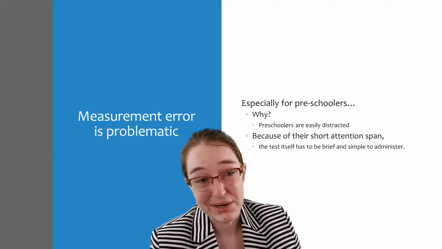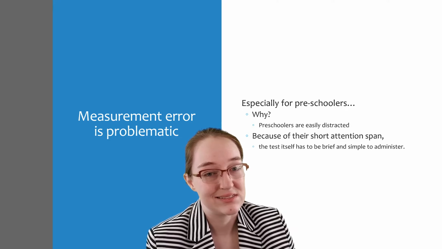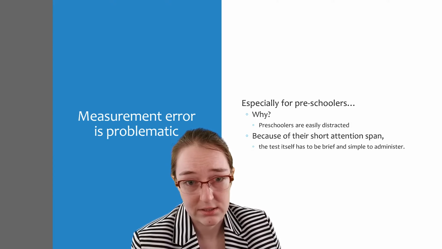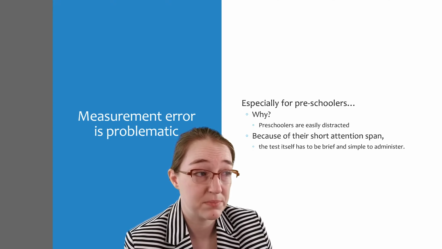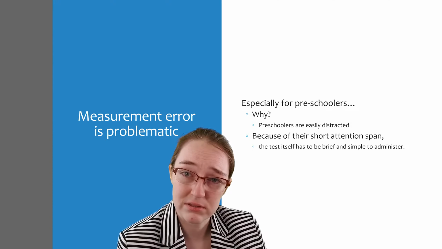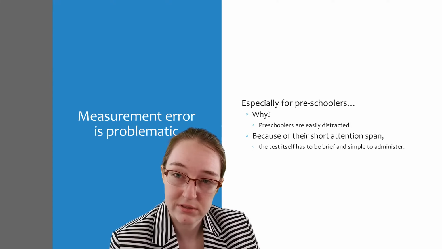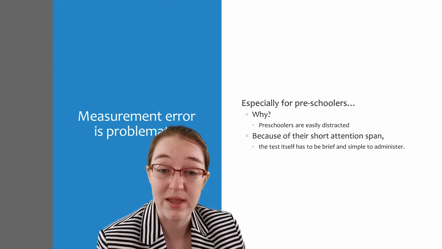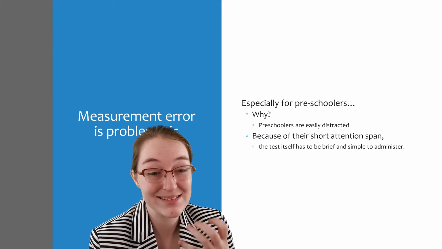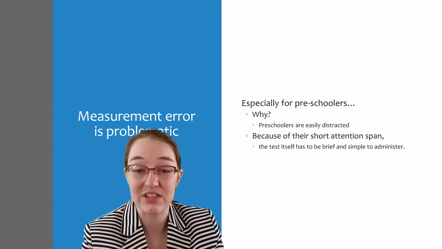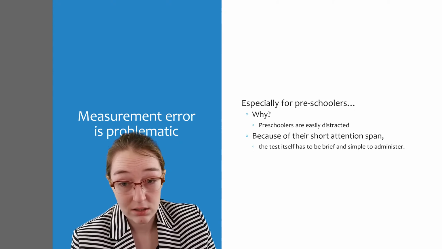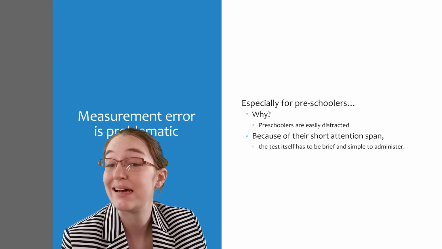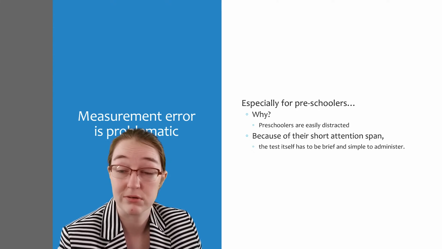But as we know, measurement error in a test like this is going to be problematic. Think about our target audience. There are tons of reasons, but let's think about preschoolers. Preschoolers, in case you are unaware, are easily distracted. Even if we have standardized one-on-one test administration apart from the rest of class, children can and are easily distracted by seemingly innocuous features of the administration or environment.